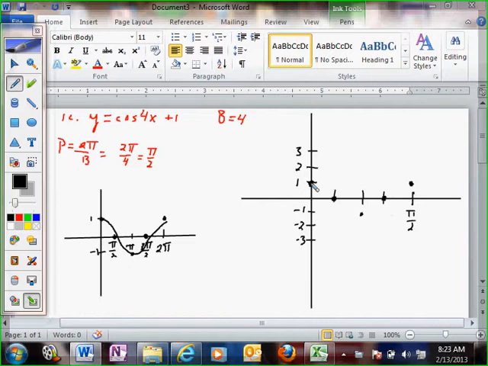It still starts at 0, 1, then it comes to here, then down to here, then back up to here, and back up to here every time. And you need to be able to sketch that out before you can do this transformation.